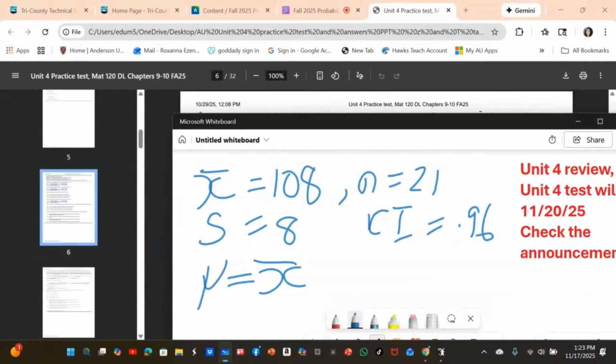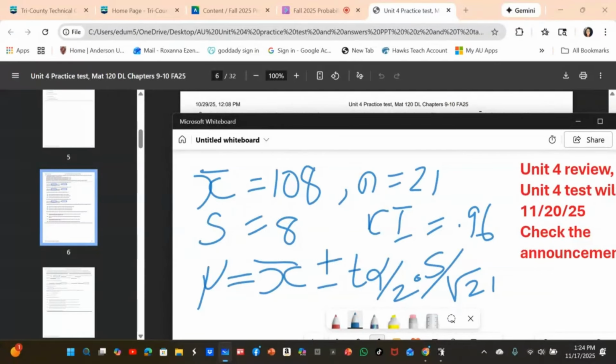So the point estimate plus or minus the margin of error. And the margin of error is t alpha over 2, times the sample standard deviation divided by the square root of the sample size. In every calculation of a confidence interval, you have this.